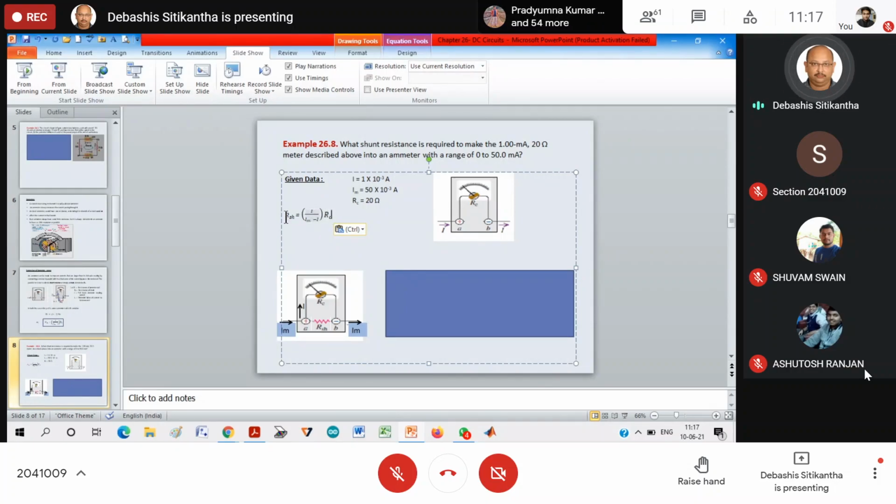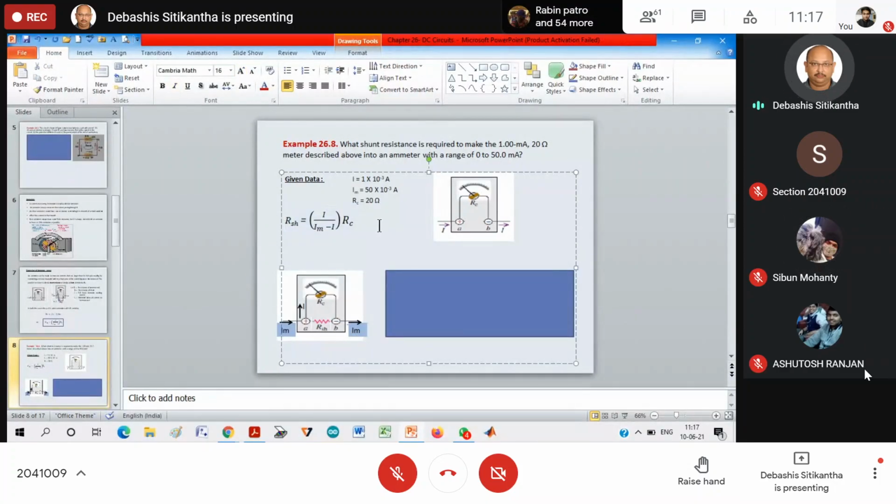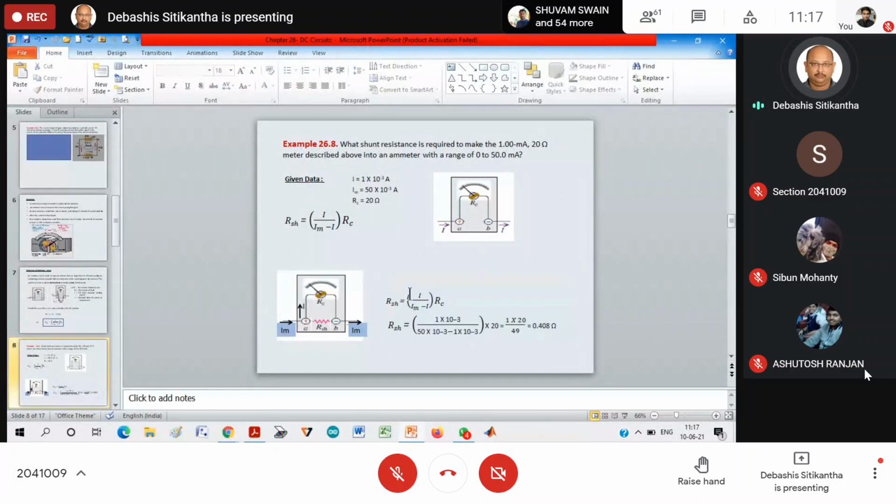You are correct, but please, 0.408 ohms. Okay, so always write it in this manner that the shunt resistance is equal to 0.408 ohms and it must be connected in parallel across the ammeter coil. So this is how you have to draw the circuit diagram and show it.